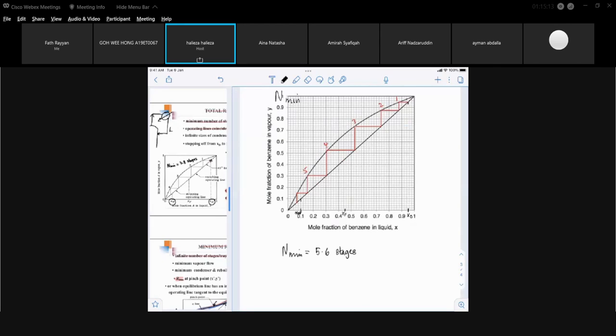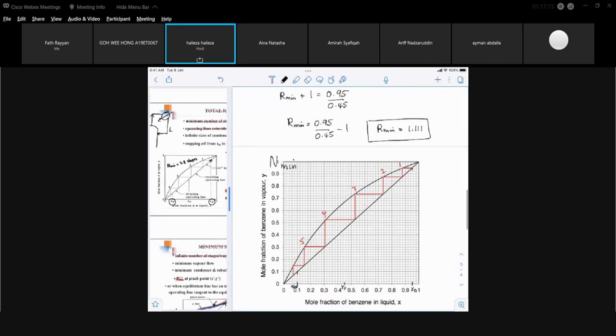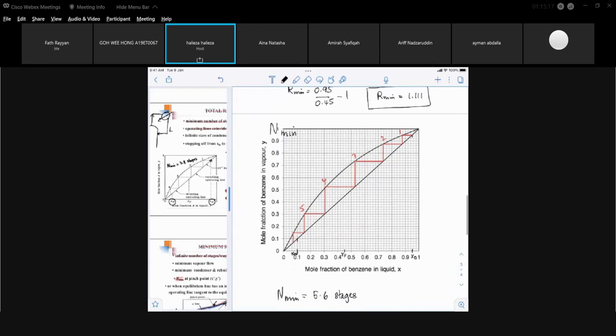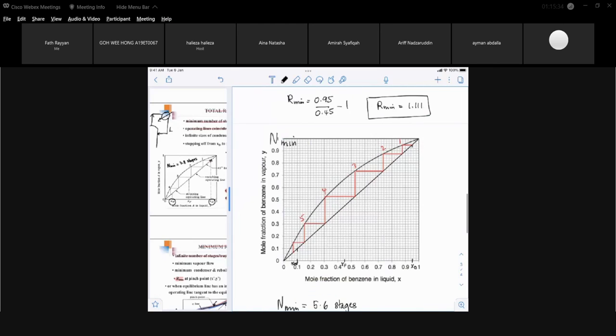So that's how you get the minimum reflux ratio and how you get the minimum number of stages. Any questions? I hope you managed to understand this, because your second test will be tested on this using the McCabe-Thiele method.